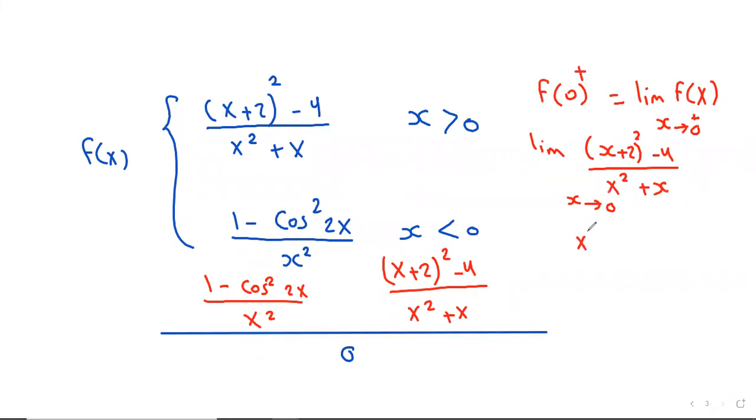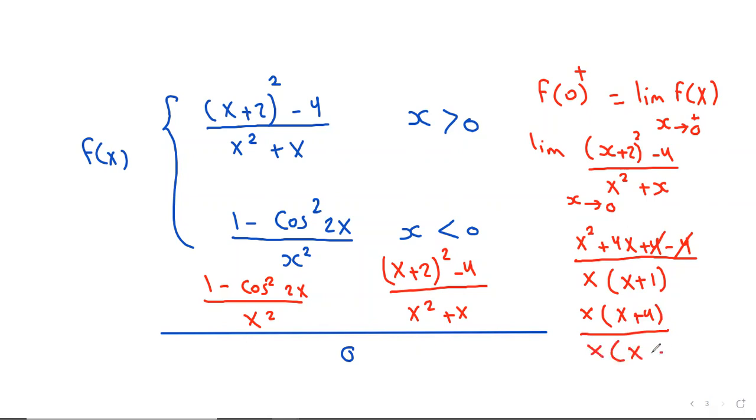It is going to be x squared plus 4x plus 4 minus 4, all divided by x squared plus x. We can take x as a factor, so it's x multiplied by x plus 1. Cancel 4 and -4. Take x as a factor at the top: it will be x plus 4 at the top, and x multiplied by x plus 1 at the bottom. Cancel x and x. Then put 0 instead of x, and it is going to be 4.